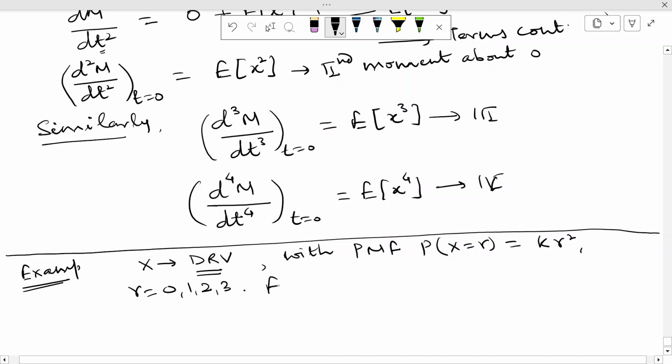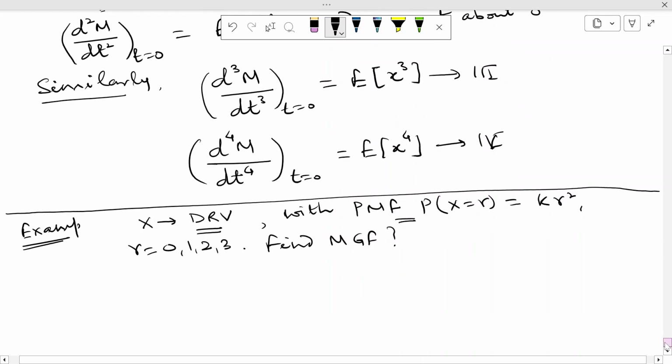Here we have to find the moment generating function. We are given a discrete random variable along with its mass function, and we have to determine the moment generating function for this random variable.